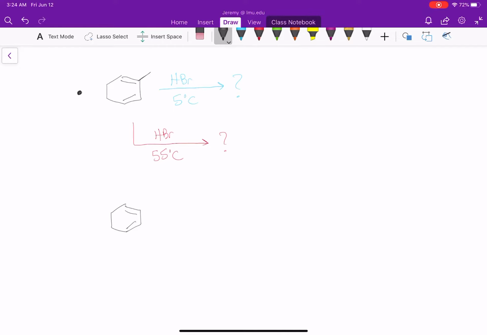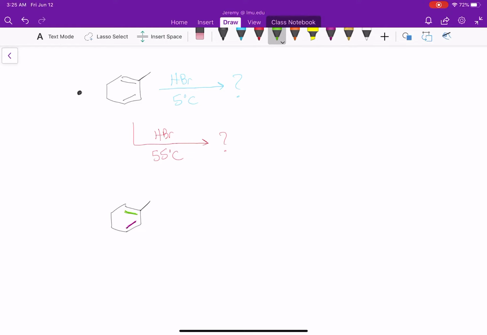Because these are asymmetric, we're going to have to try to protonate the first alkene in green, and then also try to protonate the alkene in purple. We're going to have to do the mechanisms for both.